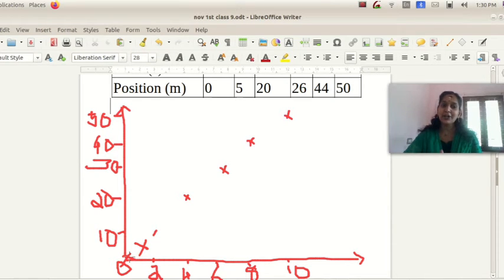We are going to join the points. Is it exactly a straight line? No, it is not exactly a straight line. So, by using this graph, we have to find out the displacement of the car in 3 seconds.